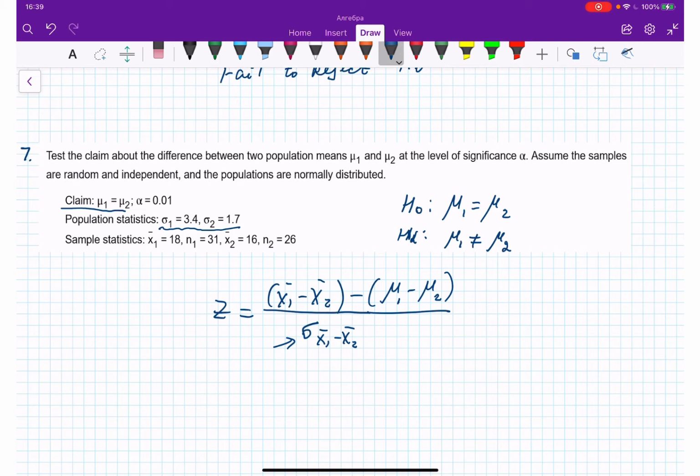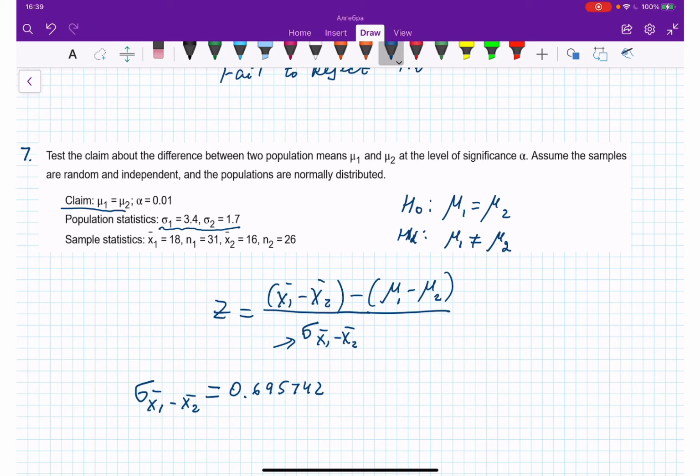And I am getting my sigma error. Let me write down. So Excel gives me sigma x1 bar minus x2 bar is equal 0.695742. Okay, so next I have to divide, right?